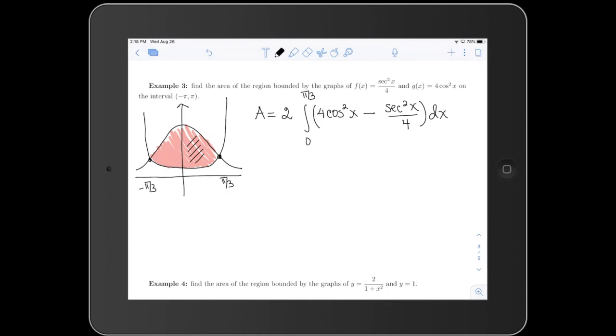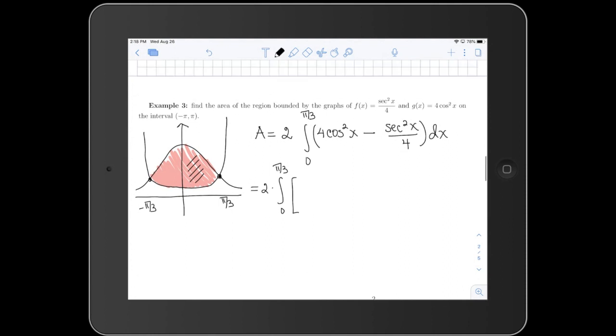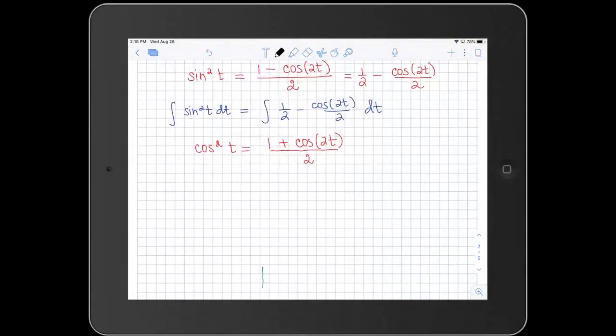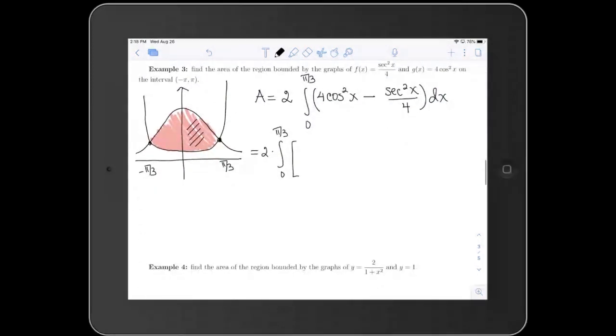So there it is, 4 cosine squared of x. We just discussed it, right? So the area will be 2 times the integral of what? We can go back and say, what was that formula? 1 plus double angle of the cosine divided by 2. So it's 4 times 1 plus cosine 2, and what's our variable? x over 2, minus secant squared x over 4 dx.